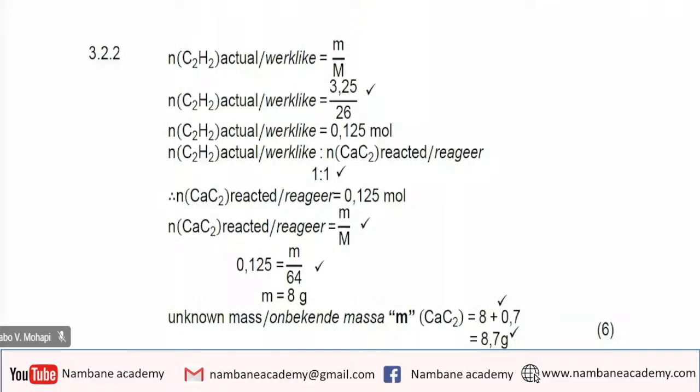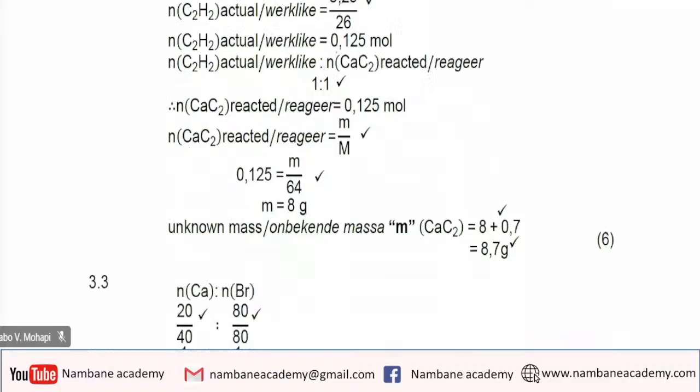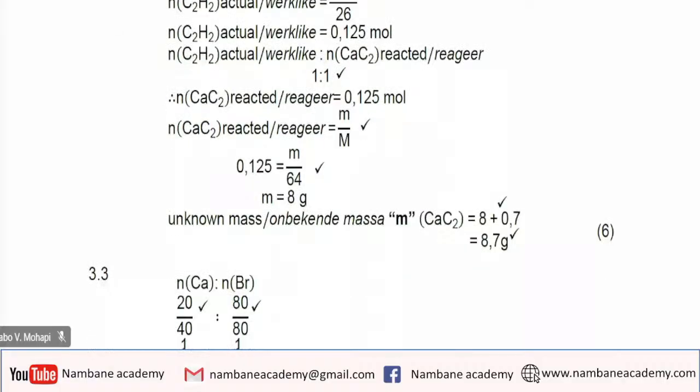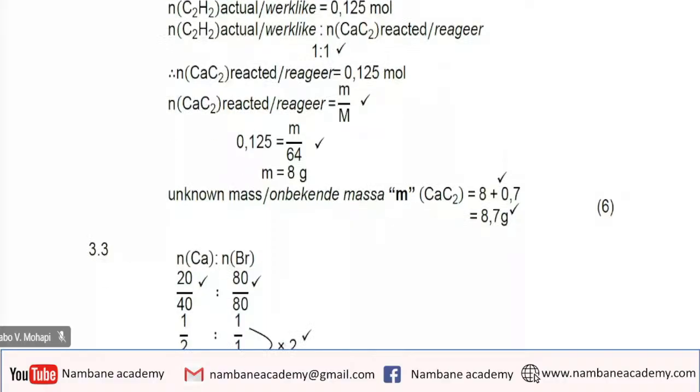If the child in 3.1 said CaC2 is the reactant that is limiting, one that was supposed to be in excess, and they used that information that they gave in question 3.1 to answer question 3.2.2, what do we do in terms of that? How would one mark that question?